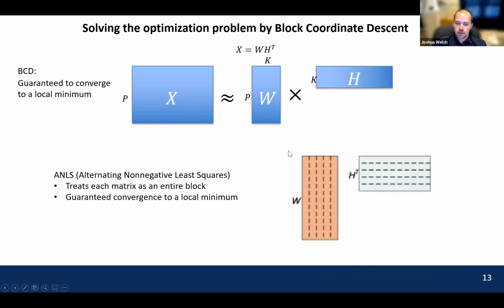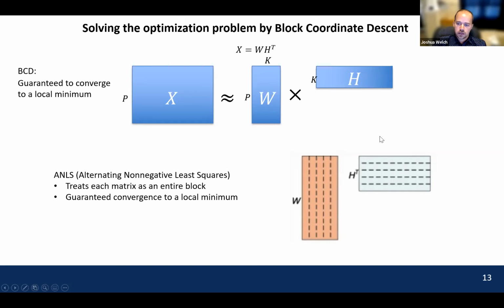And this is a nice strategy because it's conceptually simple. The updates are relatively easy to derive analytically, and we have a theoretical convergence guarantee that if we're finding the optimal W given H and the optimal H given W at each step, we're guaranteed to converge to a local minimum at the end of the optimization.